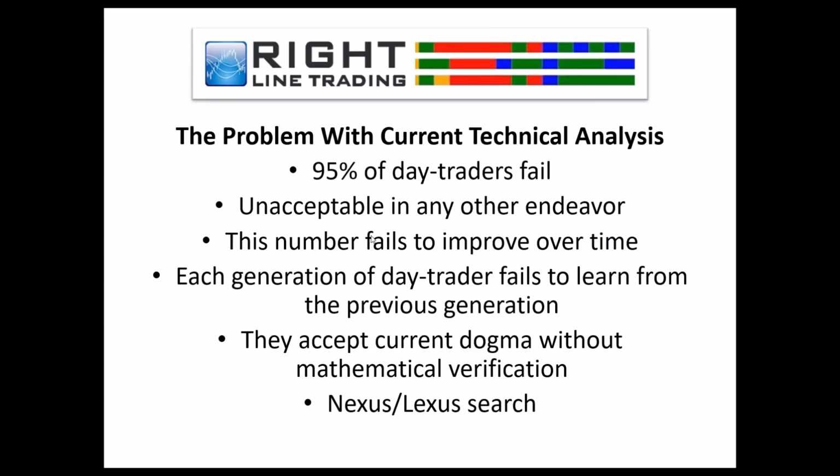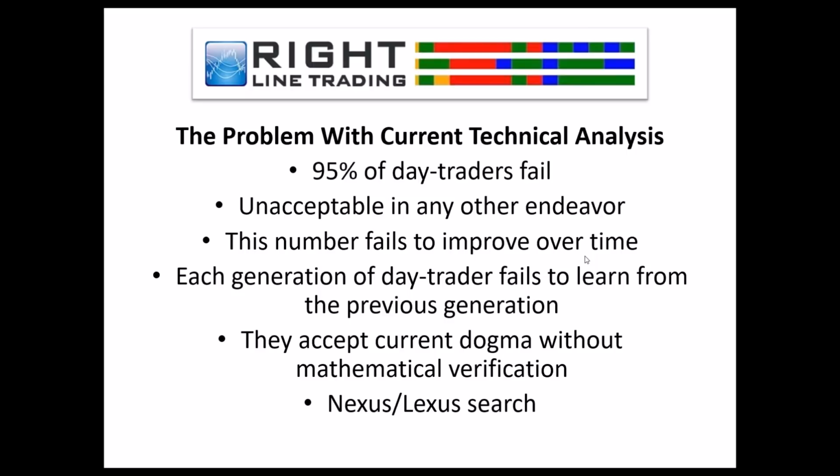And the problem is that this number fails to improve over time. 20 years ago, 95% of day traders were failing. Today, 95% of day traders are failing. So whatever the problem is, we have not found a way to learn from the mistakes of the prior generation, which has busted out of the market.